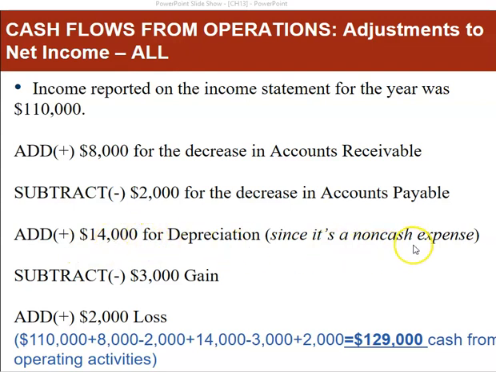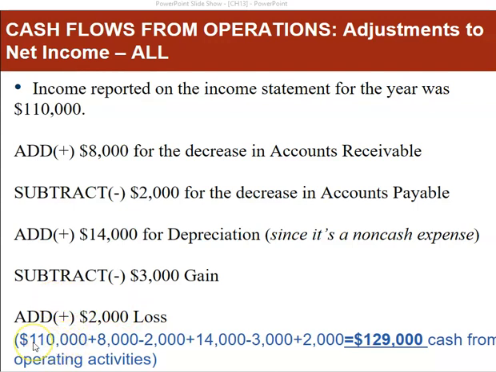Depreciation, non-cash expense, so we're going to add that $14,000 back to cash flows from operations. We had a gain of $3,000, which is subtracted, and we had a loss of $2,000, which is an addition.